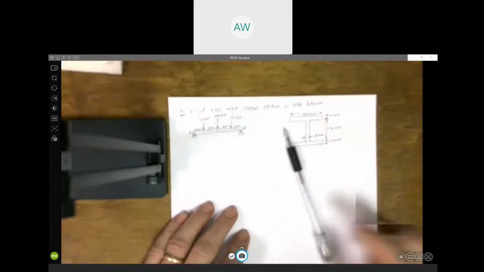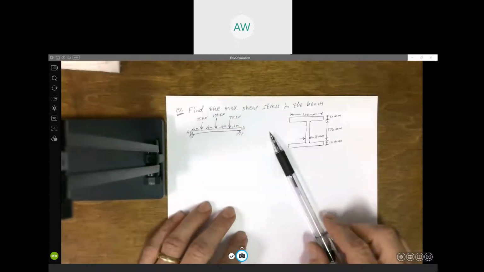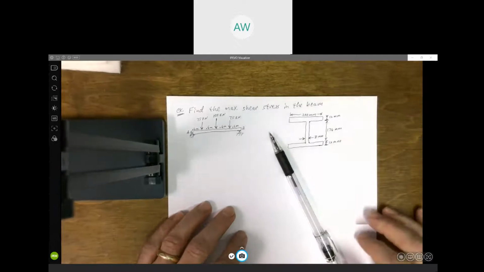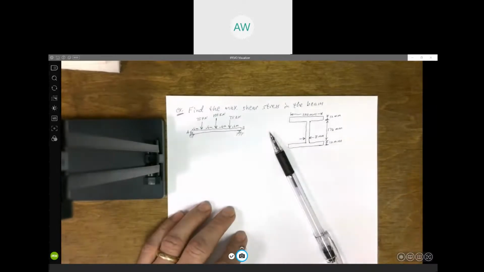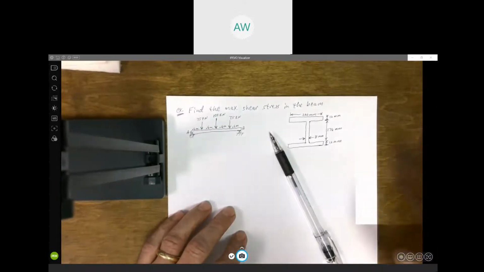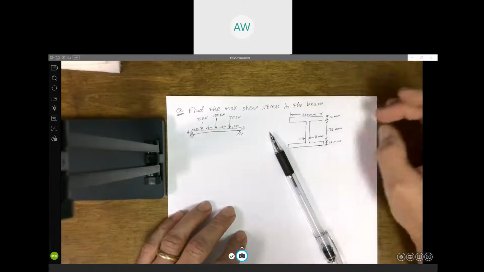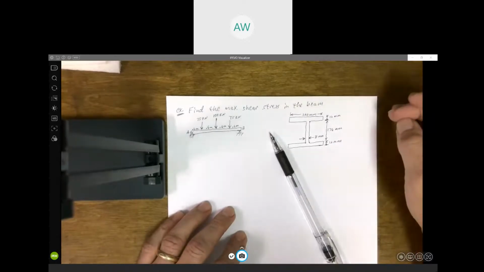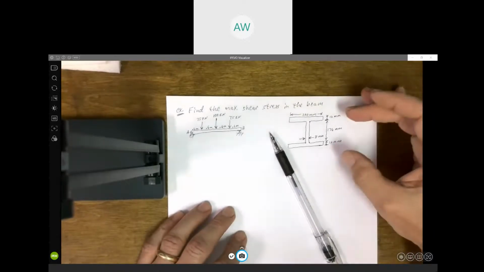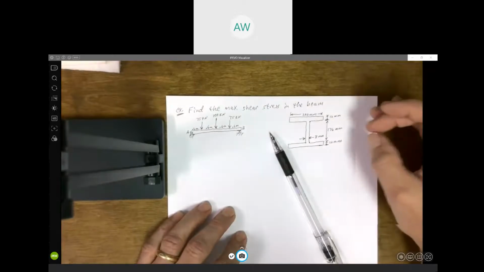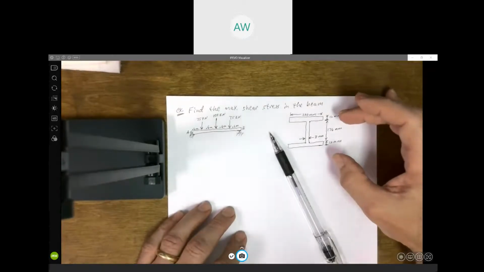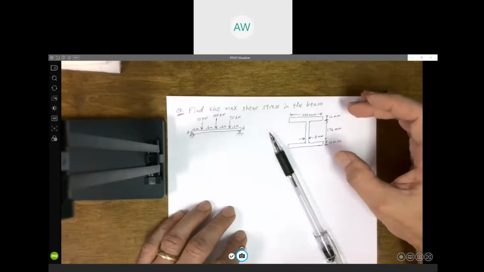It's an I-beam, a very common shaped cross section for beams. I've mentioned this at least once or maybe more than that: the reason an I-beam is shaped like this is that for the same amount of material, you get a larger moment of inertia.